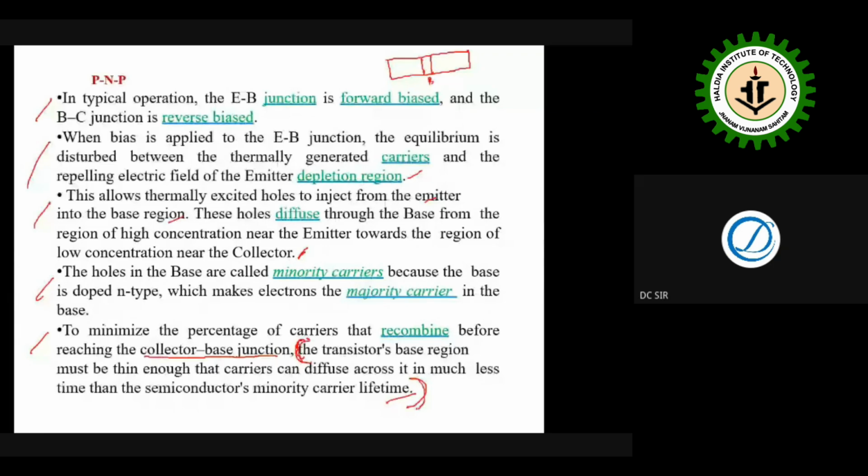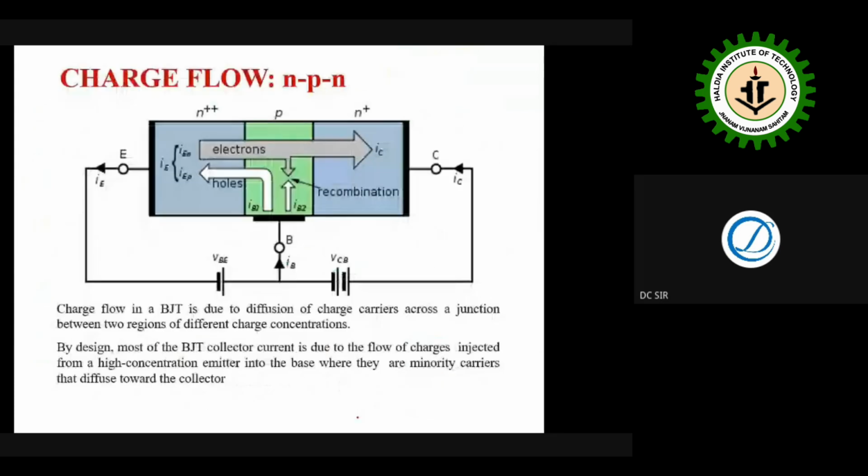The transistor base region must be thin enough that carriers can diffuse across it in much less time than the semiconductor minority carrier lifetime. If it is larger than that, then what happens? The holes move from emitter to base and recombine here, so few of them move from emitter to collector.